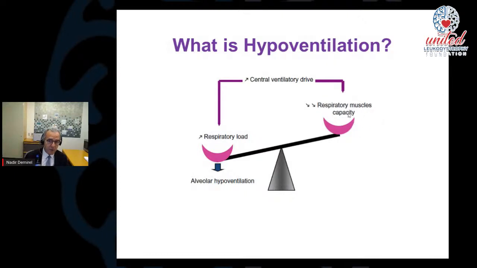If your muscles are weak, though, your reserves are much lower. So when you have an infection, you are in more trouble, and you may develop hypoventilation.